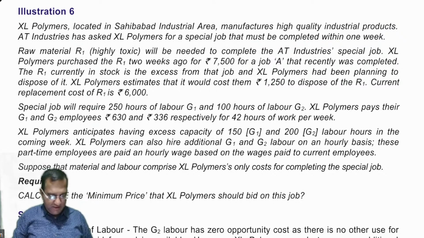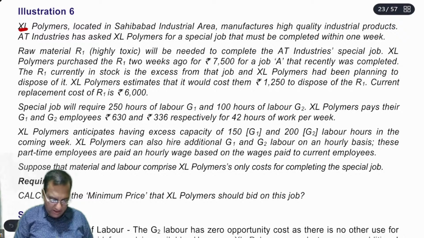Let me be very clear, because there are two companies given in the first two lines. Excel Polymer is our company. They manufacture high quality industrial products. One of the customers, known as AT Industry, has asked our company for a special job that must be delivered within a week. Raw material, highly toxic.